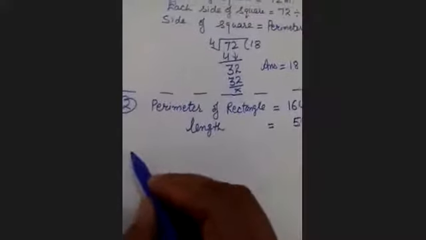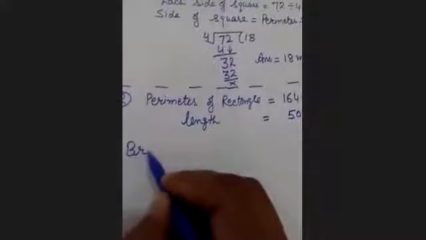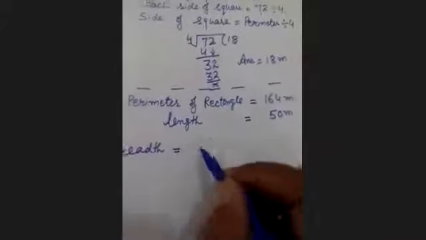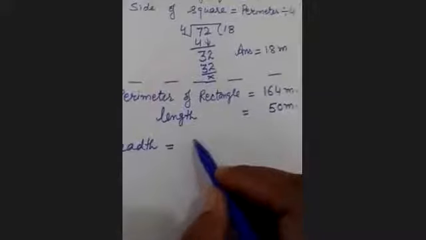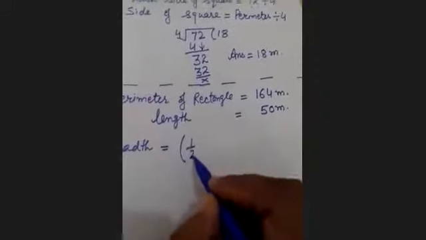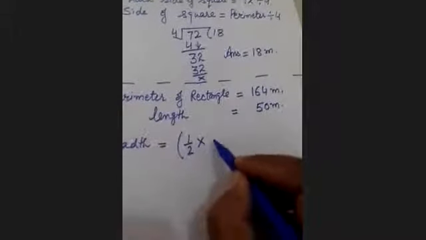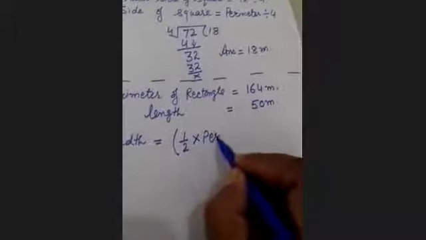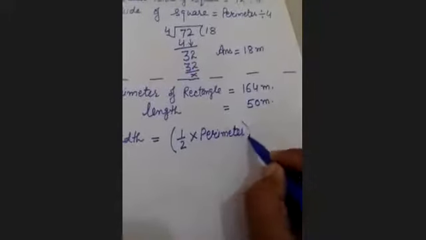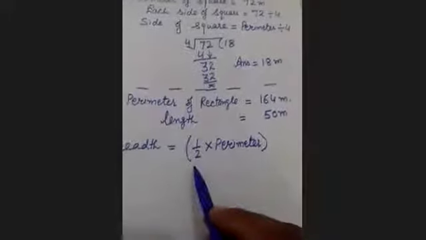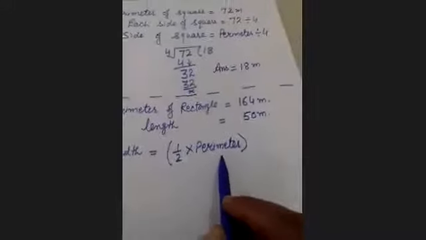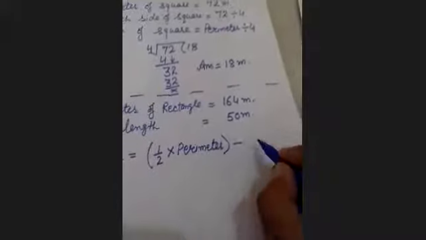Width is... to find the width, the formula is 1 upon 2 multiplied by perimeter of rectangle, then subtract length.